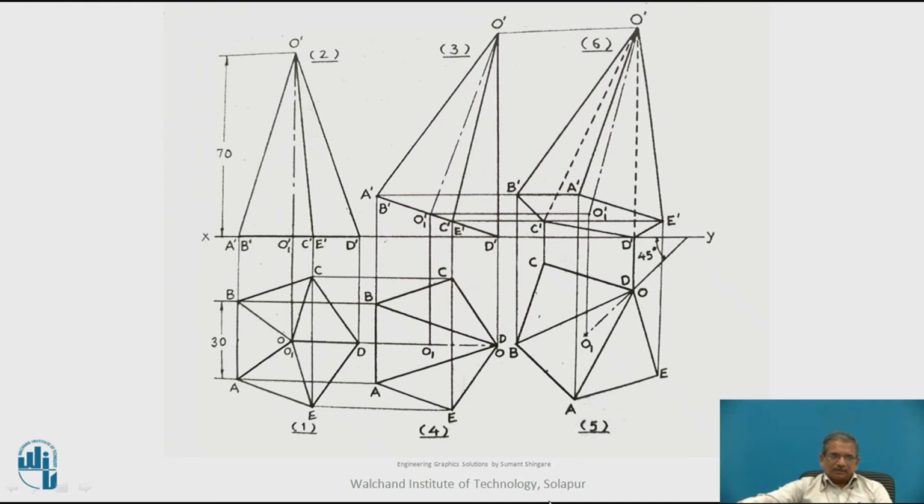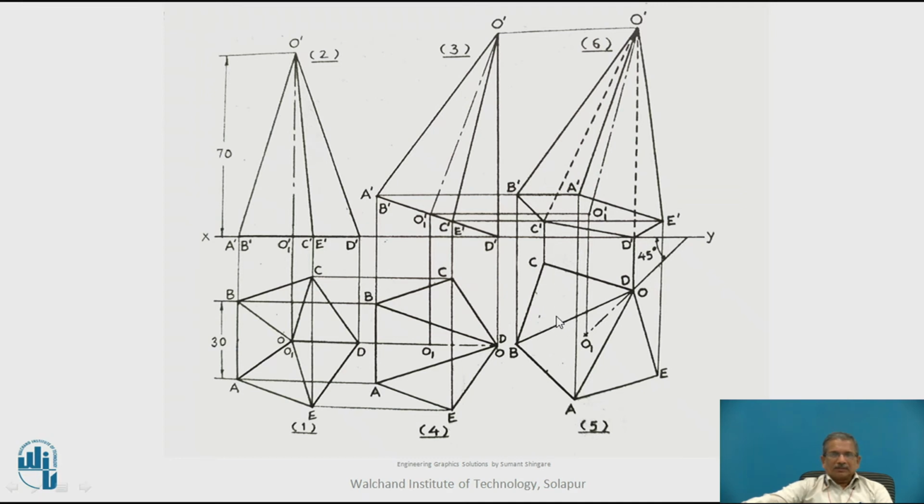See, now if you observe, the observer is here, okay, and the apex or the point O and point C are away from the observer. Okay, so point C is away from the observer. So the lines related to C and O will be dotted lines.